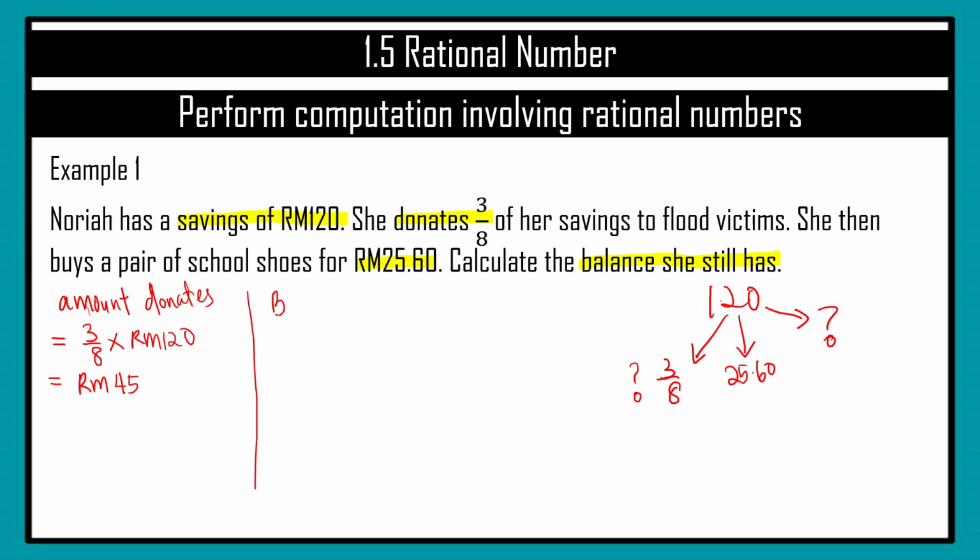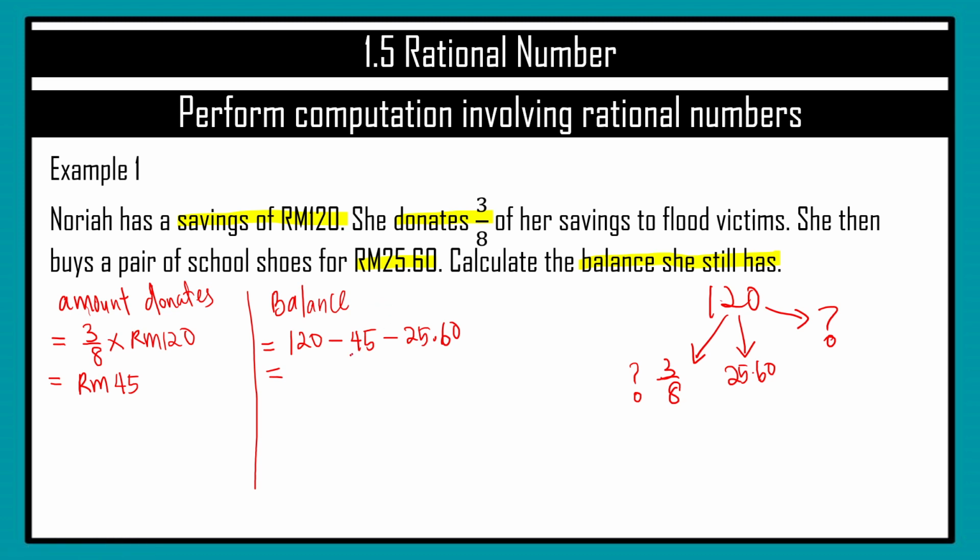So now we want to know what is her balance. Balance means how much money she still has. So initial 120 ringgit minus the 45 ringgit that she donates, and also minus the 25 ringgit 60 cents that she has spent.